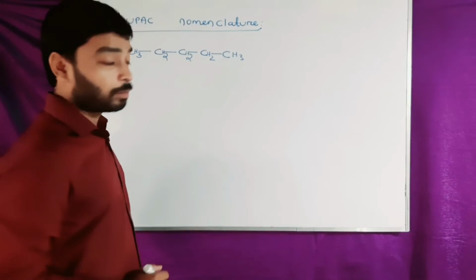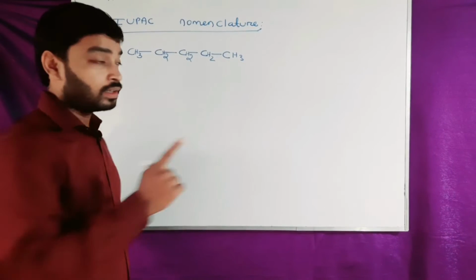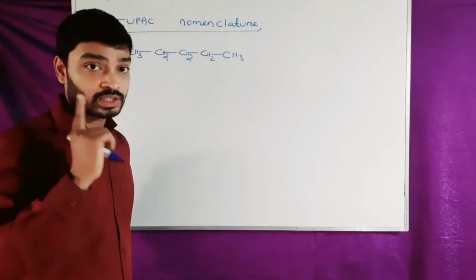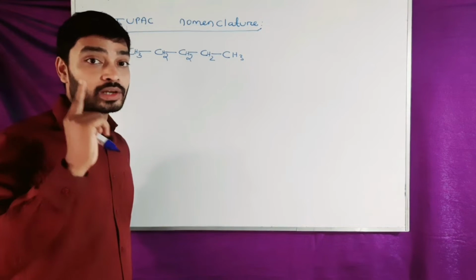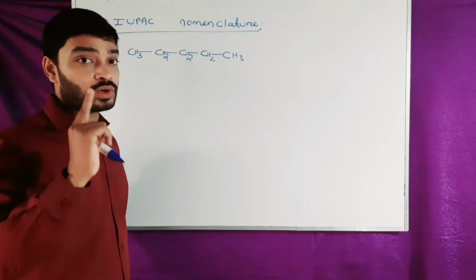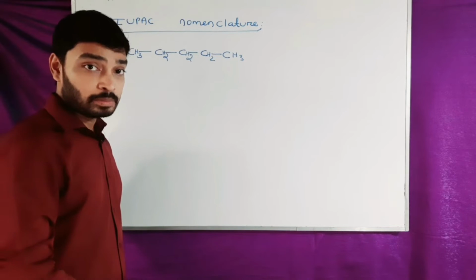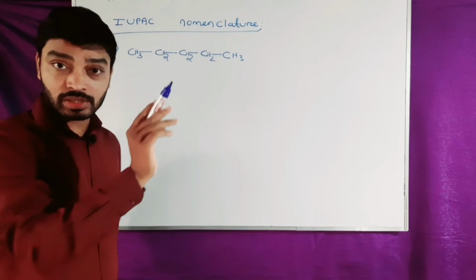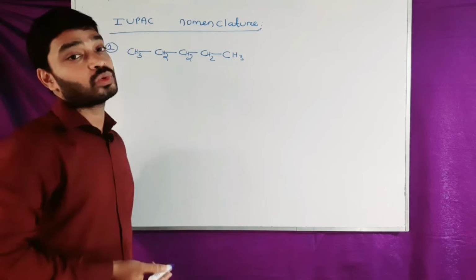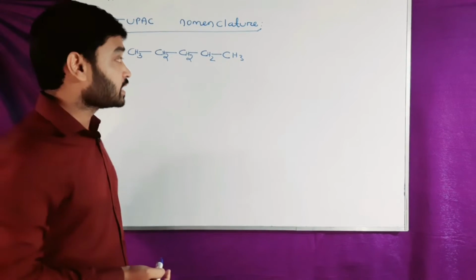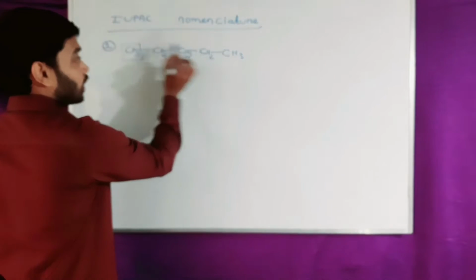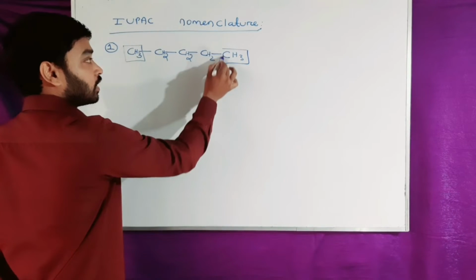In this compound, first you should decide that this chain does not contain any functional group, so it is a pure hydrocarbon chain. Why is it called a hydrocarbon chain? Because the chain contains only carbon and hydrogen bonded directly to each other, and in this case only two ends are present. It is one carbon end and another carbon end.